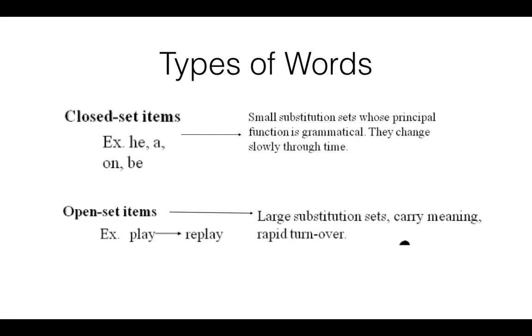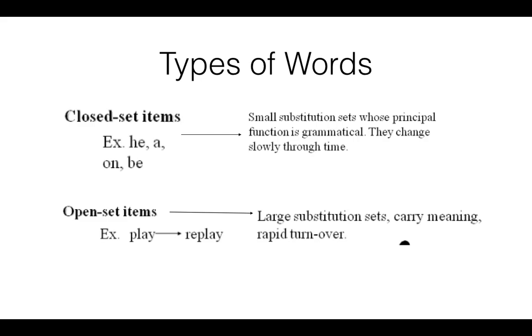The first categorization shows you one basic feature of each category. One is variable, the other is invariable. Here we have other features. You can have closed sets and open sets. Closed sets are small, they are finite, and they change slowly over time. They usually have only grammatical functions, whose principal function is grammatical.